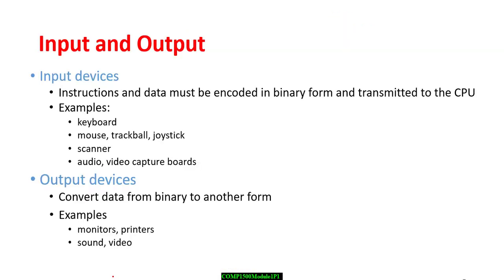Now, input and output devices. So for input devices, instructions and data must be encoded into binary form to transmit it to the CPU. Now, if I'm going to use an input device, which is an audio device, which is my microphone I'm using now here, my voice is going out as sound waves.